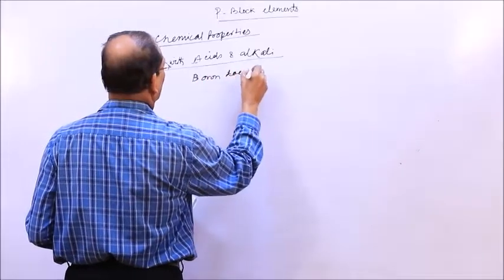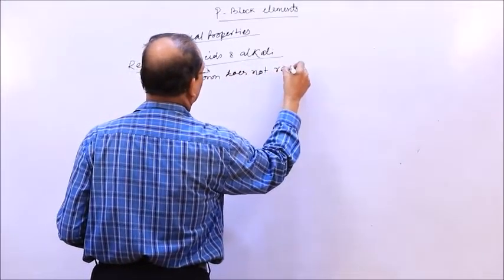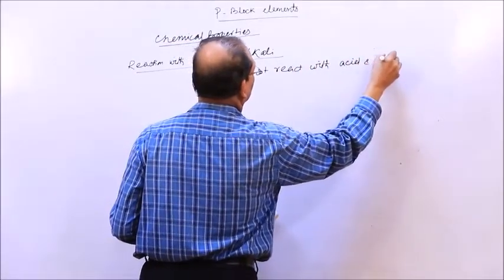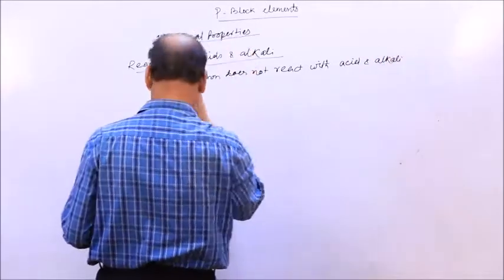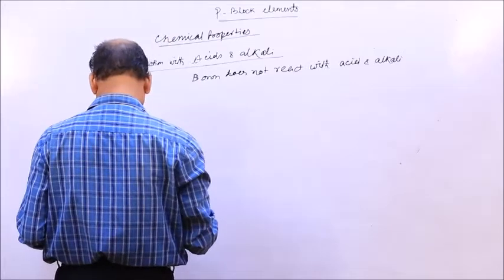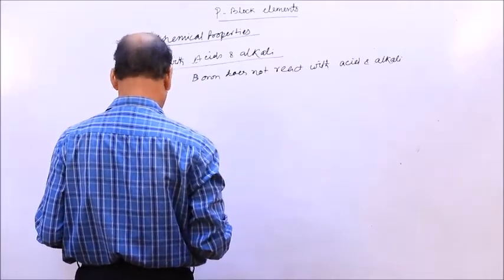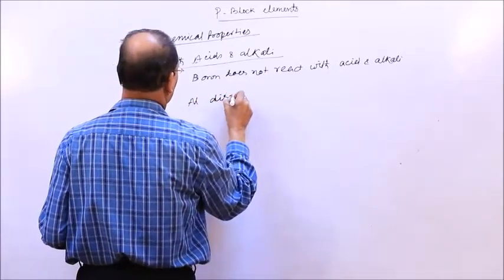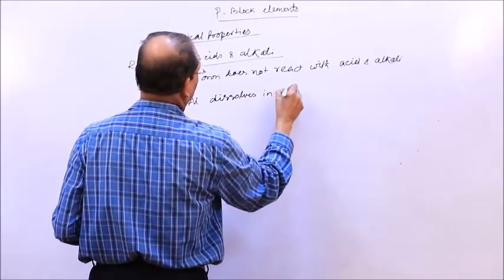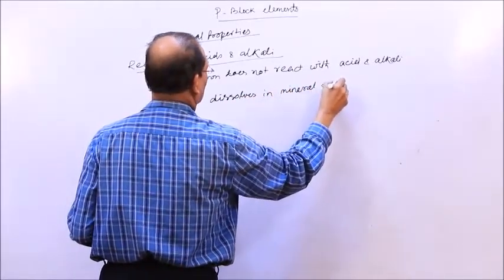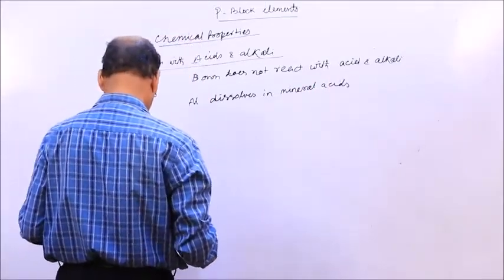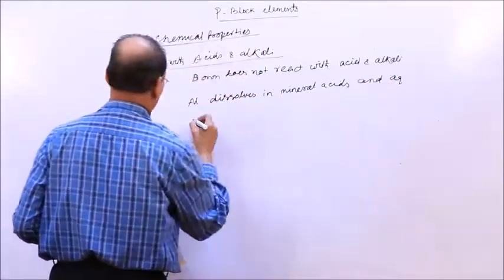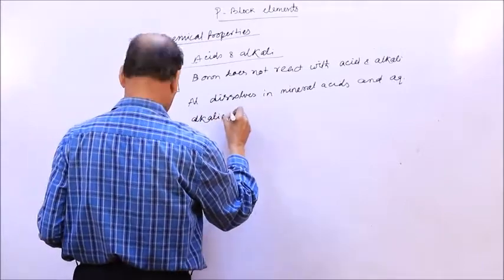Boron does not react with acid and alkali, whereas aluminum dissolves in mineral acids and aqueous alkalis.